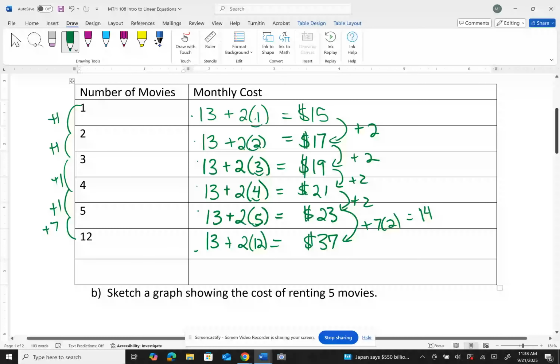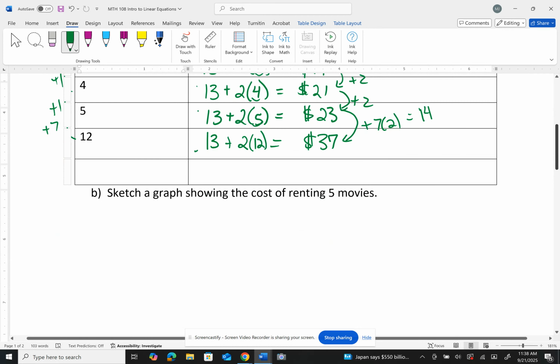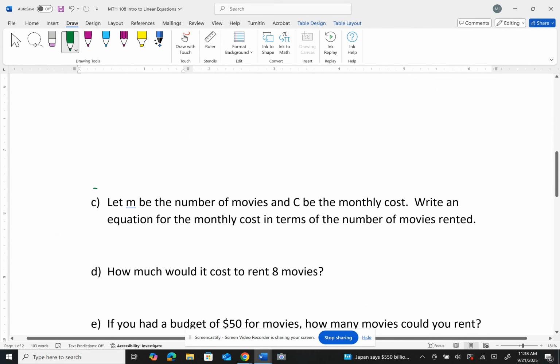Okay? So by looking at that pattern that we see and looking at what's staying the same and what's changing, that would enable us to work towards this question right here that's asking you to figure out an equation for the monthly cost in terms of how many movies you rented.